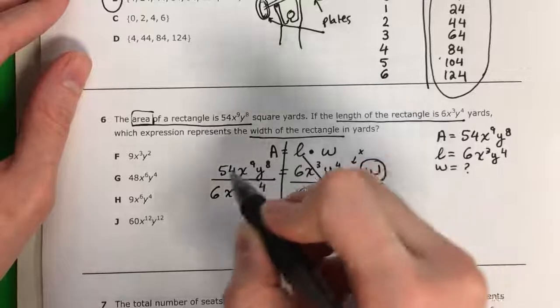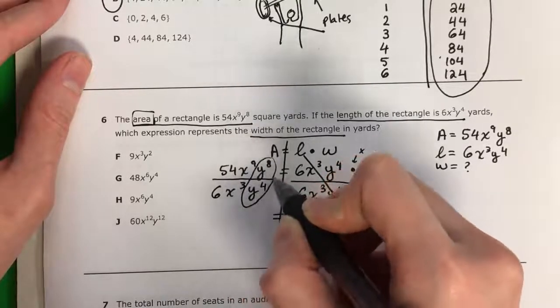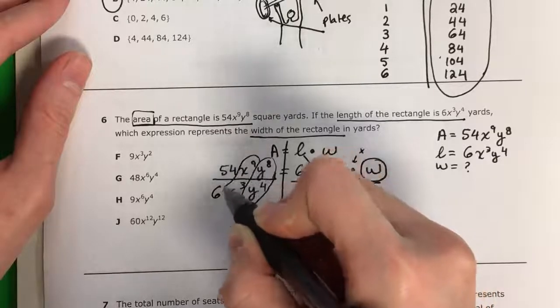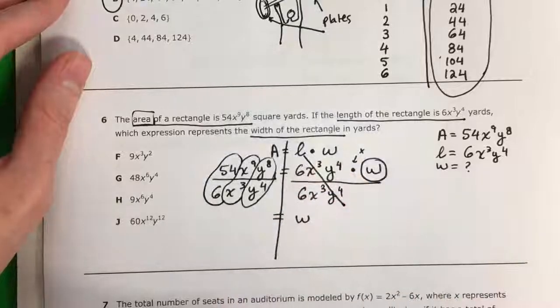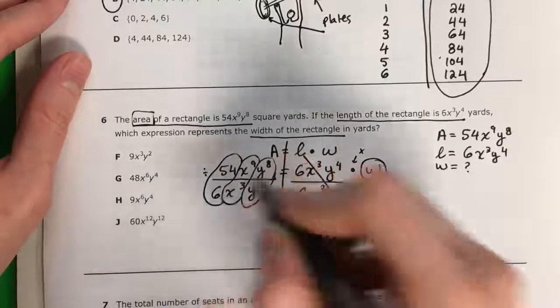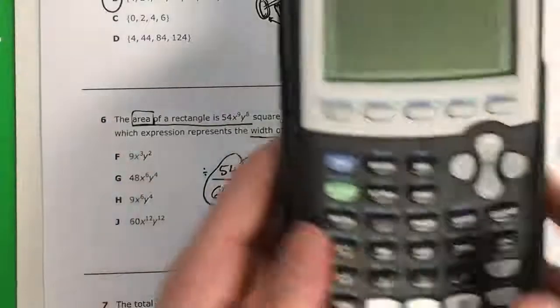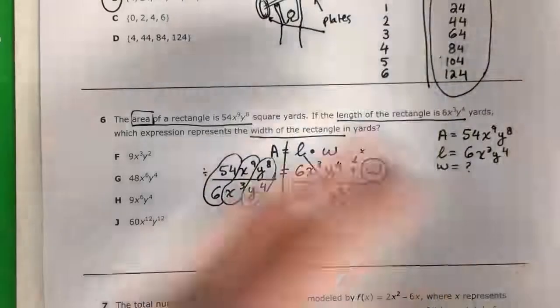So you're going to put all the similar bases together: my y's together, my x's together, and my regular numbers. For regular numbers, you just divide like normal. So 54 divided by 6, I get 9.